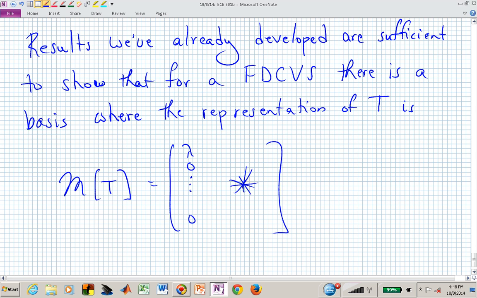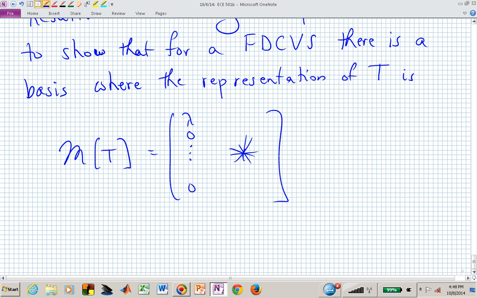This star means that what is in those remaining n minus 1 columns can be arbitrary. But at least we can guarantee that everything below the 1,1 entry in that matrix representation is going to be all 0.